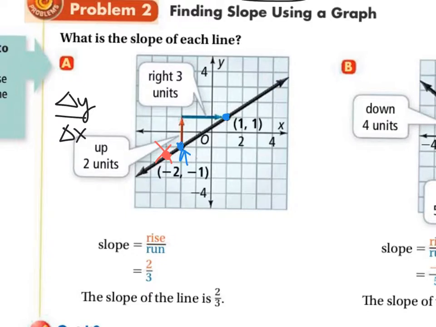So from this point, I'm going to go up 2, and I'm going to go over 3 to get to another point on the line. So change in y was 2 because I went up 2. Change in x was 3 because I went over 3. So my slope is 2/3.